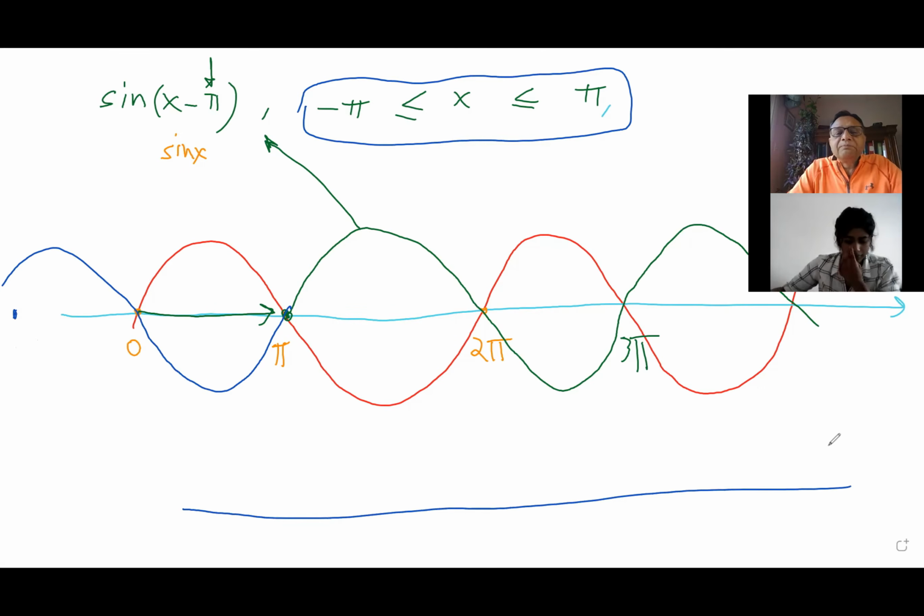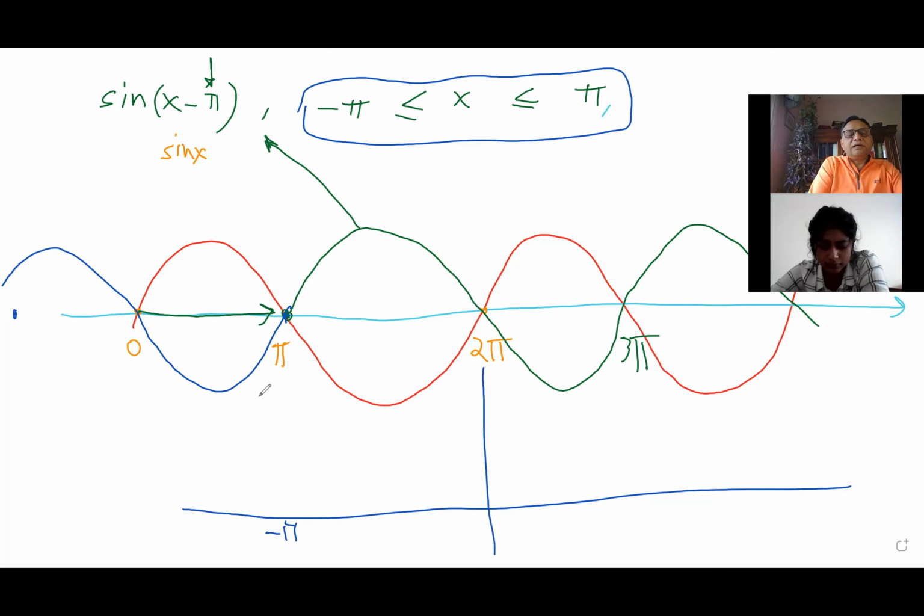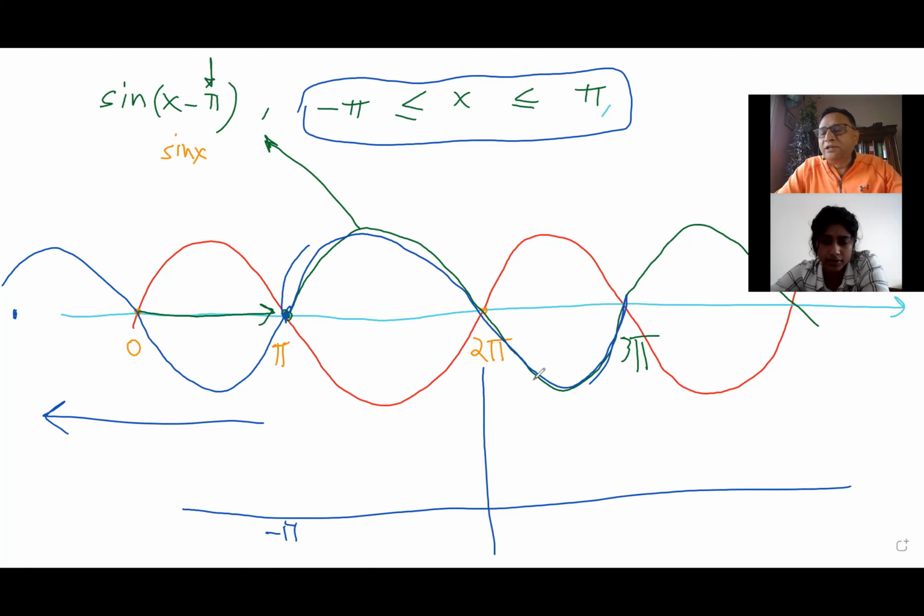Now that we have understood the whole story, what we can say is that, strictly speaking, if I move that scale, then I will have a graph kind of like this. Do you see this? But that point will become minus pi. I don't have space here, but if I extend this blue graph here, I see something like this only, because it is periodic, correct?